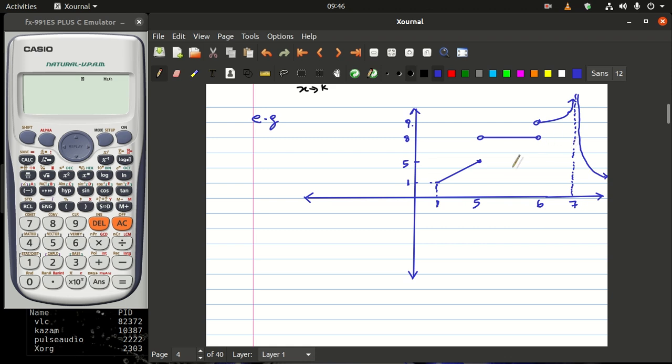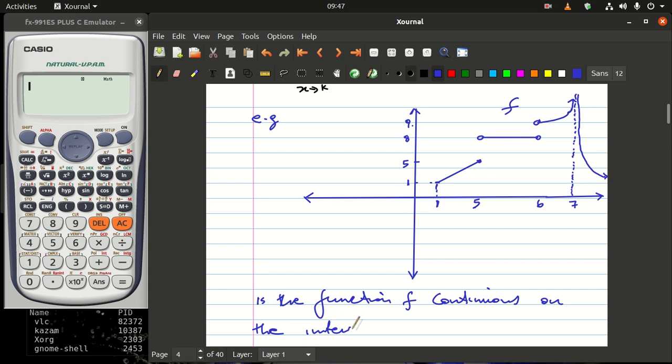Basically I want us to find points of discontinuity, points where the function is not continuous. Let me first start with this here. This whole thing is characterized by f. Suppose the question is: is the function f continuous on the intervals?